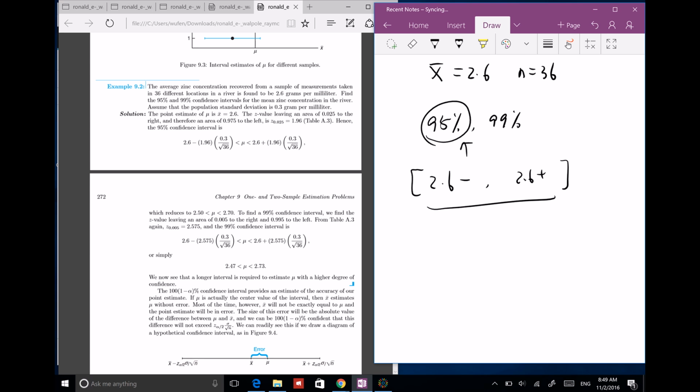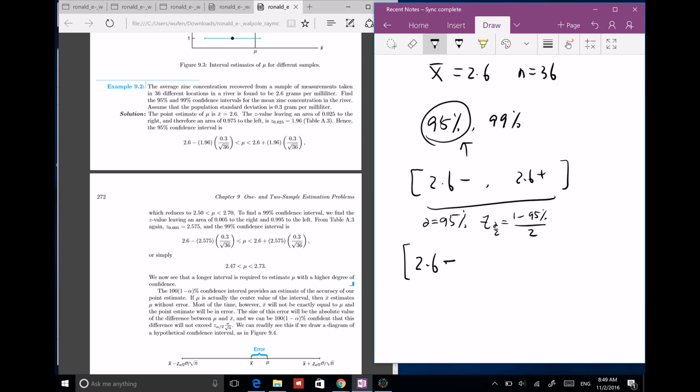So how do we find that? The formula is x bar minus z alpha over 2 times sigma over square root of n. Basically, we just apply the previously given formula. So it's 2.6 minus, with a confidence of 95%. We have to look at z alpha over 2, which is 1 minus 95% divided by 2.